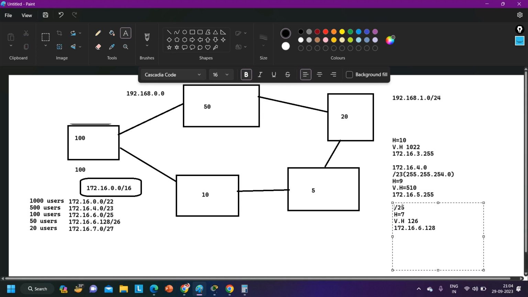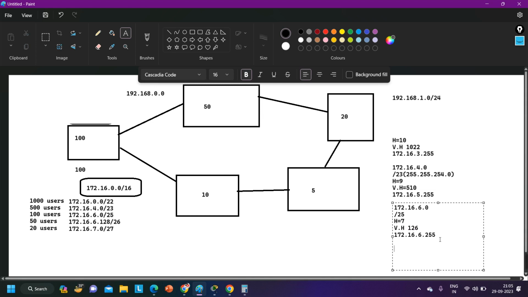So 172.16.6.0 will be the next network. What will be the last IP address of this network? 172.16.5.255, right? Here we are getting 126 valid hosts and we need 100. That is correct. And 6.255.